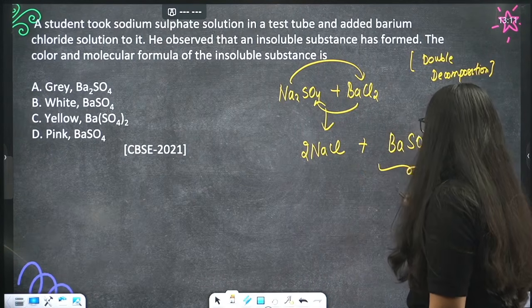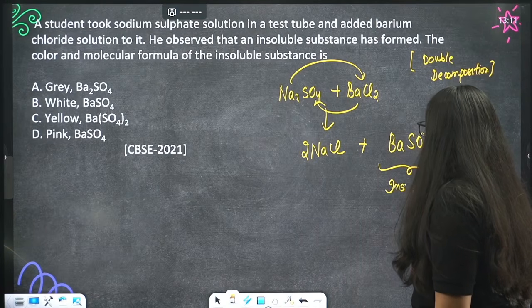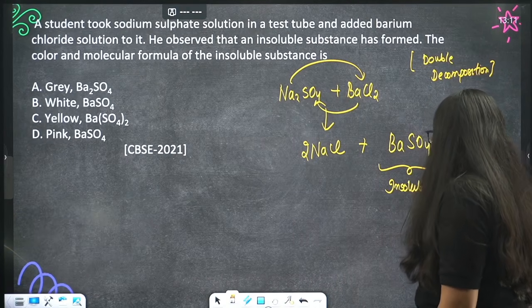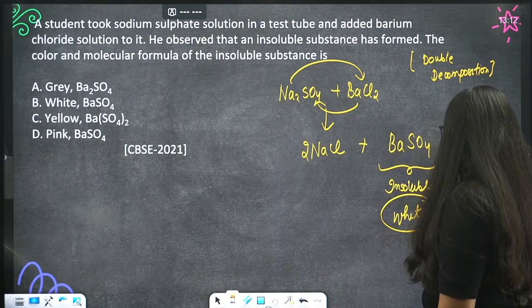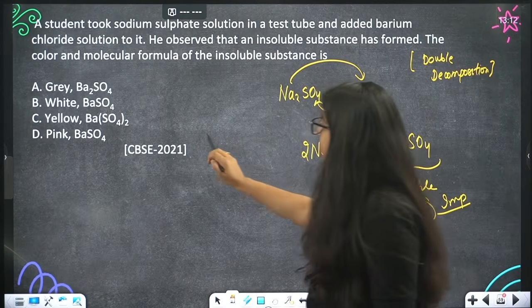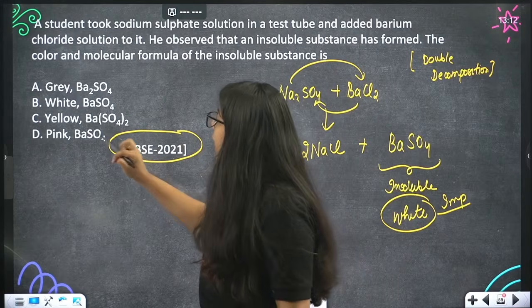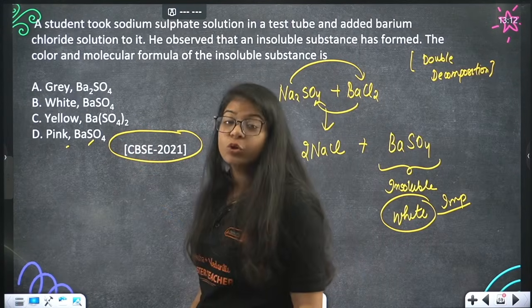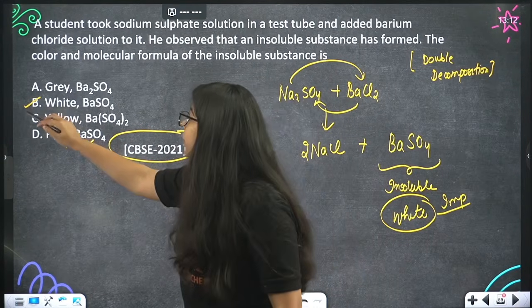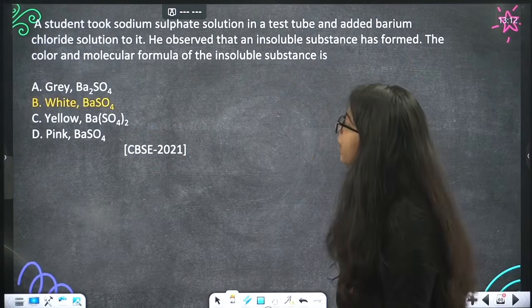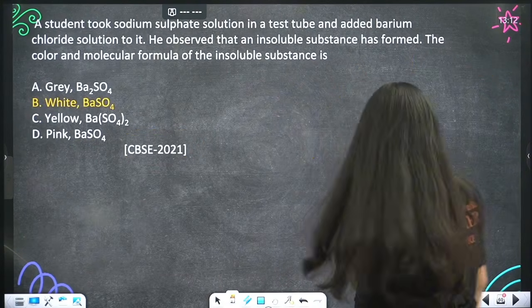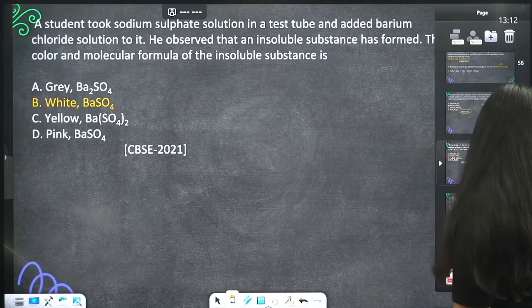This BaSO4, beta, is an insoluble substance and it is white in color. This is an important detail you have to remember, because the question has come in CBSE. BaSO4 pink will be wrong, so you do have to know the color. So B will be your correct answer. BaSO4 of white color will be formed.